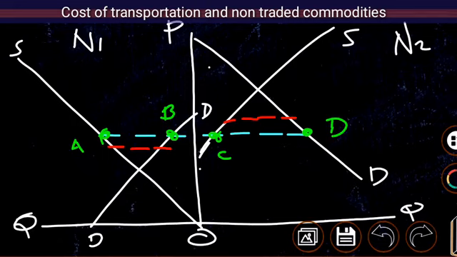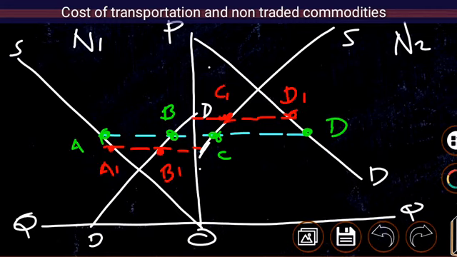In the same manner, in nation 2, initially they had received the commodity at 8 rupees, but now they have to bear 1 rupee transportation cost as well. Automatically its price increases to 9. That means there will be a 1 unit reduction in the revenue of the exporting country's producers and a 1 unit increase in the cost of consumers of the importing country.